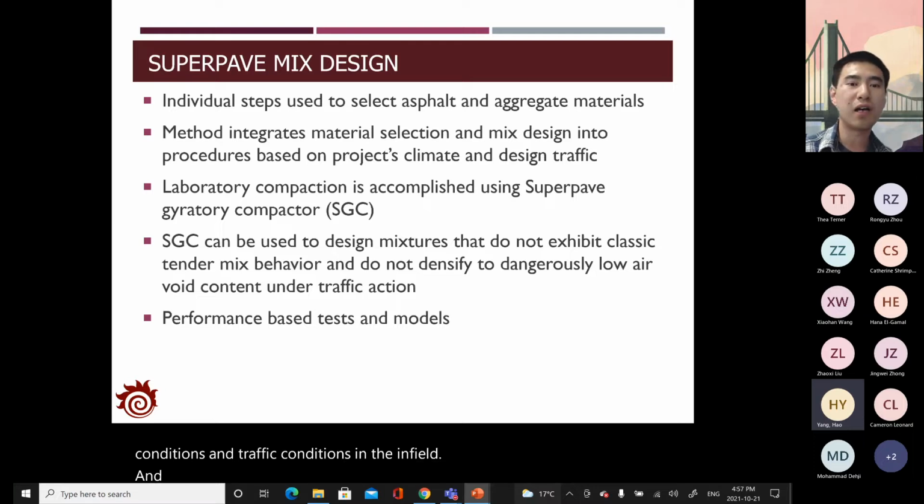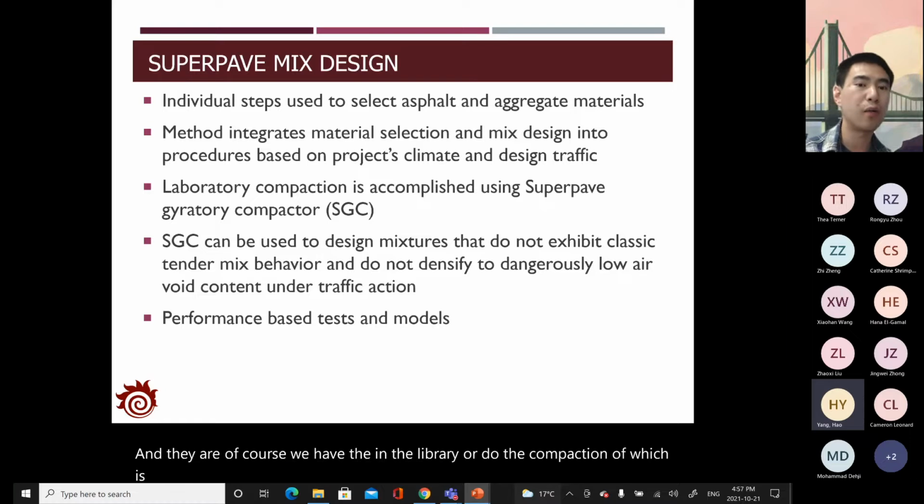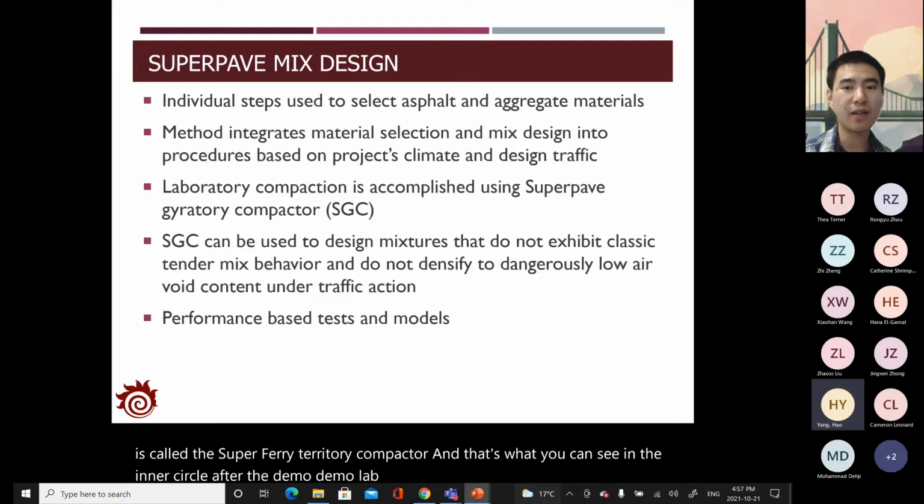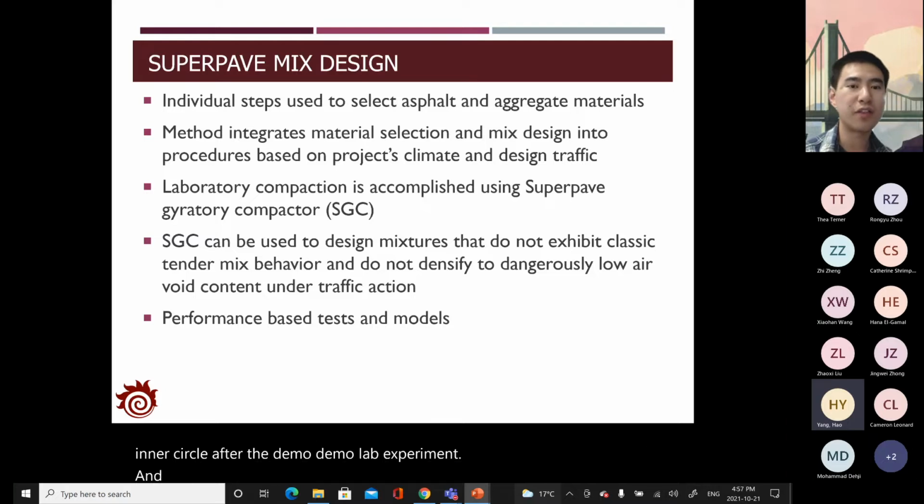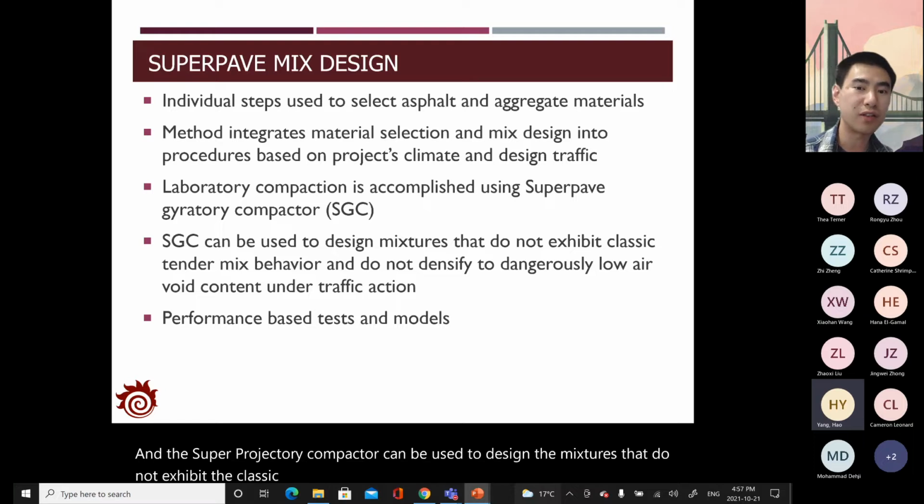And of course, in the lab we will do the compaction with the SUPERPAVE gyratory compactor, which is what you're going to see in the third lab, the demo lab experiment. The SUPERPAVE gyratory compactor can be used to design mixtures that do not exhibit the classic tender mixture behaviors and don't densify to dangerously low air voids under traffic actions.